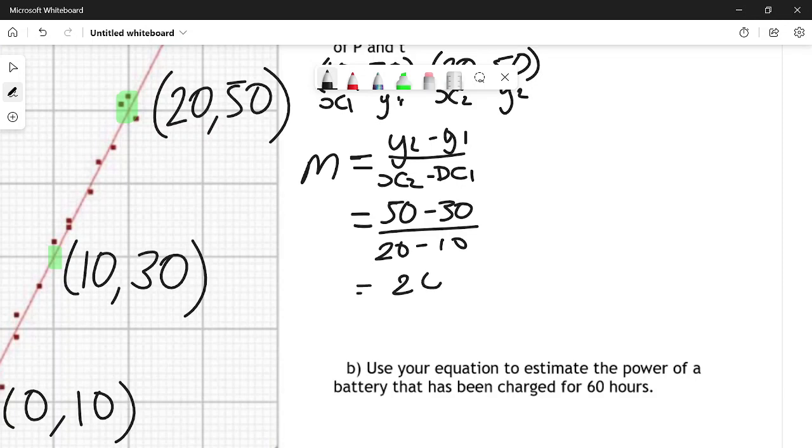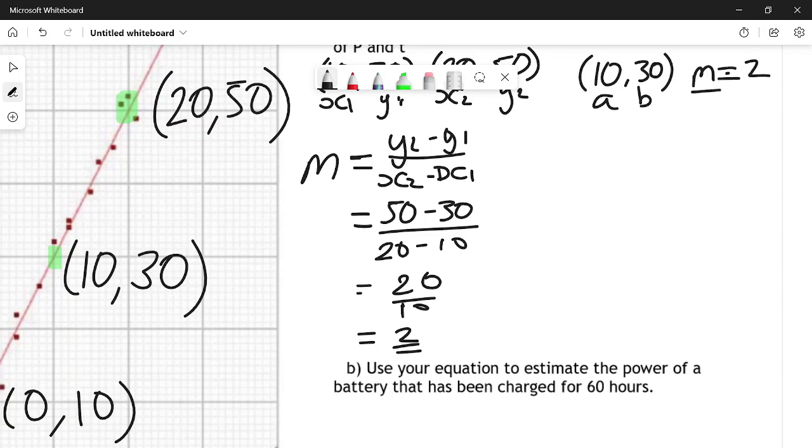So that's going to be 20 over 10, so that is going to be a gradient of 2. So pick the easiest point, we're going to pick 10, 30. Technically 0, 10 would be the easiest point, but we're not going to use that one just now. So we've got that as a and b, and we've got our gradient of 2.